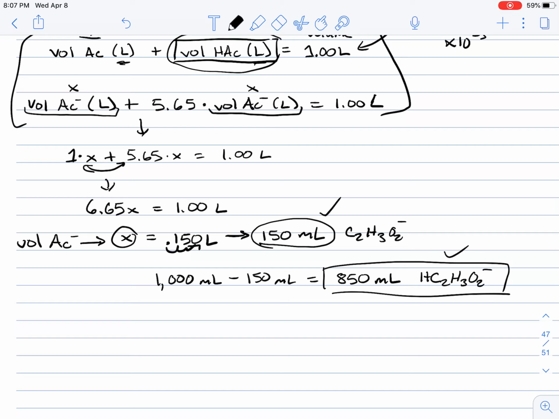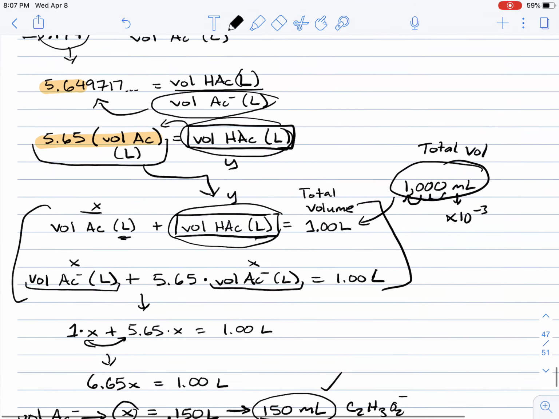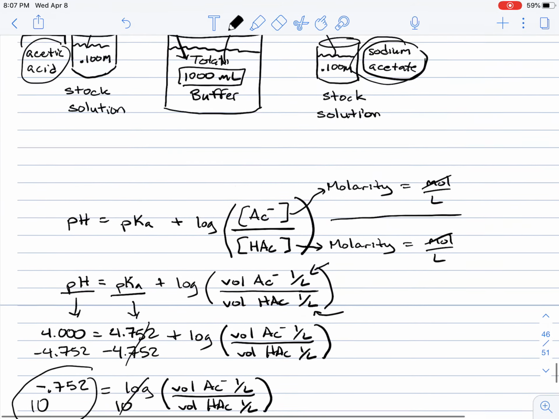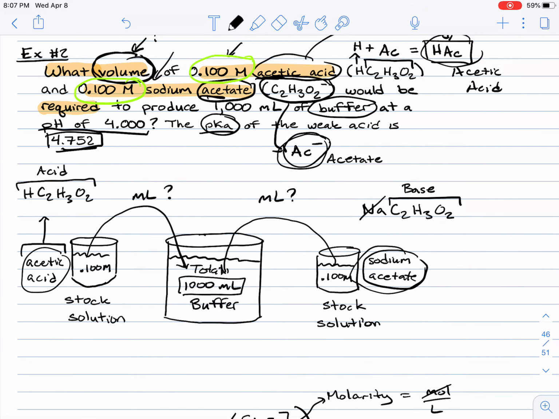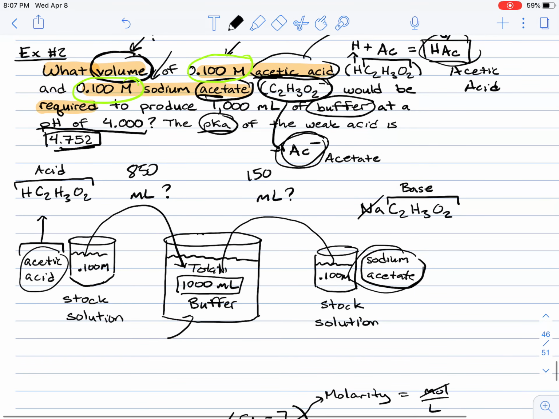We were able to determine how many mL of acetate and acetic acid are required to prepare this buffer if the concentration of our so-called stock solution is 0.100 molar. We're going to add 850 mL of acetic acid, and we're going to add 150 mL of sodium acetate, and then mix those two volumes together to create our 1,000 milliliter buffer.